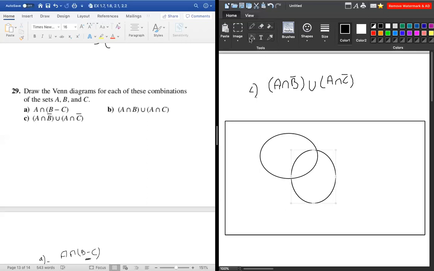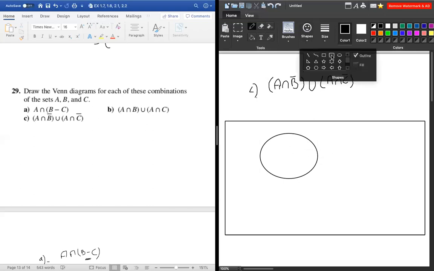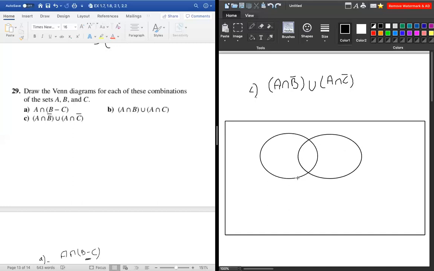So this is our set A. Let's actually make this over here so that we have more space. So A, and then this part here, B. Now we have to determine what A intersection B complement is.